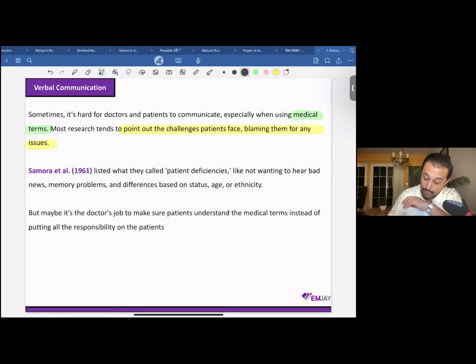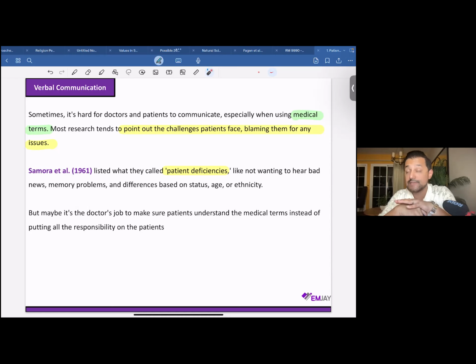listed what they called patient deficiencies, like not wanting to hear bad news or having memory problems, and differences based on status, age, or ethnicity. Now, patient deficiencies are the idea that patients hold these deficiencies because of which they're not able to understand when the doctor is trying to communicate with them.